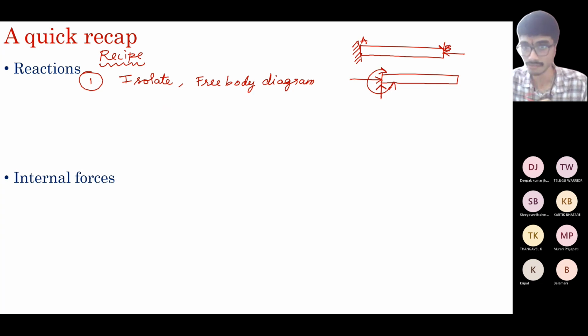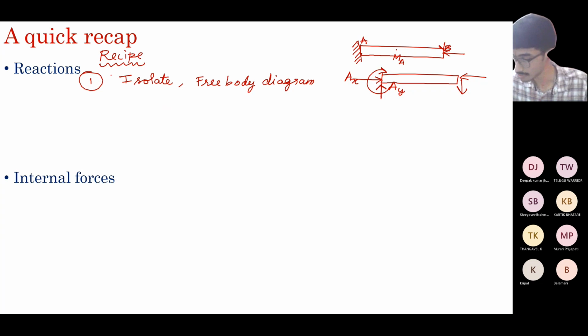You call the vertical force AY, the horizontal force AX, and the moment MA. So first isolate it, and when you show all the forces on this, it is called a free body diagram. The body is free, and you're depicting all the forces acting on it.